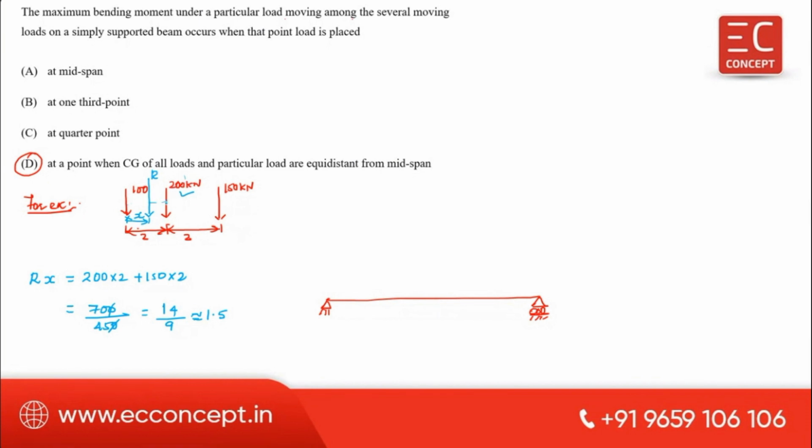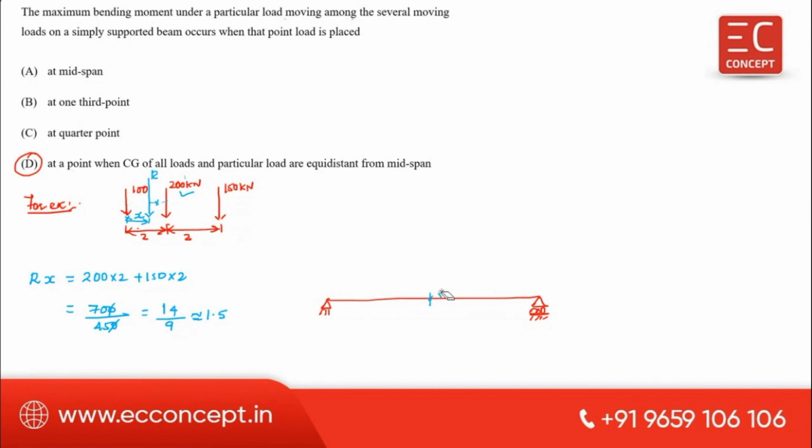You have to keep this 200 kilonewton load in such a way that you bisect the beam and bisect the distance to the resultant force, the centroid point. Then fix this centroid with the centroid of the beam.